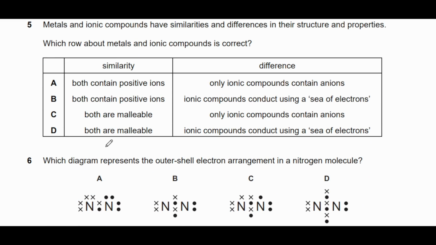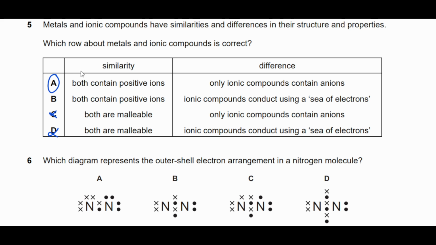Okay. 5. Metals and ionic compounds have similarities and differences in their structure and properties. Which row about metals and ionic compounds is correct? Okay, so first, metals and ionic compounds both contain positive ions, that's correct, right? So C and D cannot be the answer. The difference: only ionic compounds contain anions.